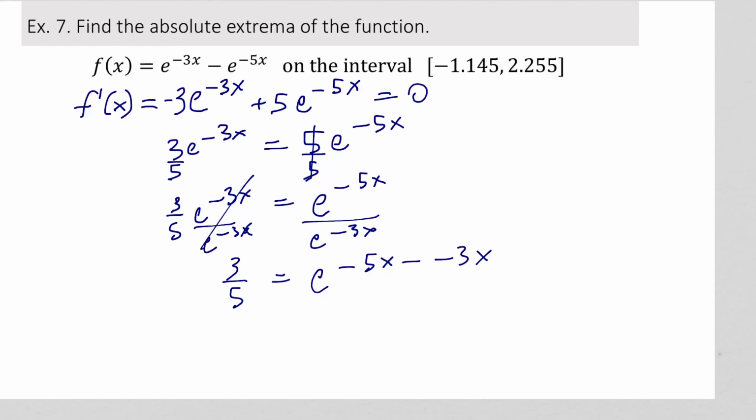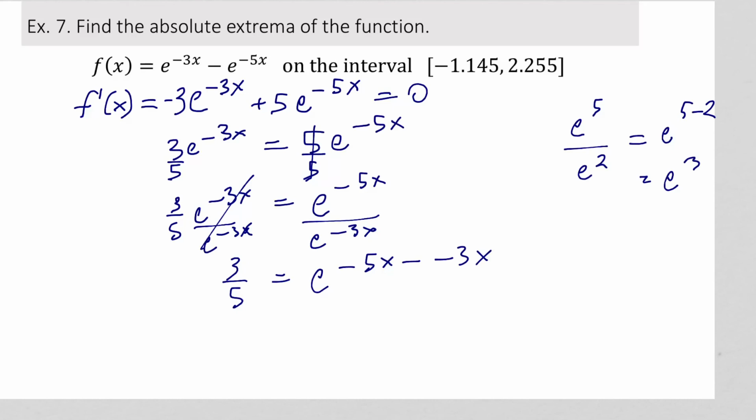If I have, let's say, e to the 5 divided by e to the 2, that's the same thing as e to the 5 minus 2, which is equal to e to the 3, because when we divide, we subtract exponents, just like as if those were x to the 5th divided by x squared.